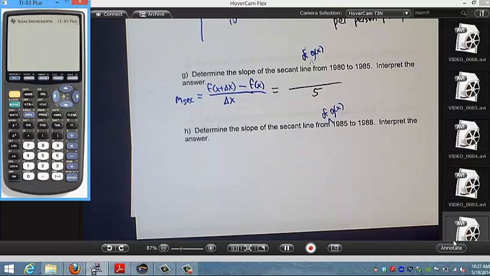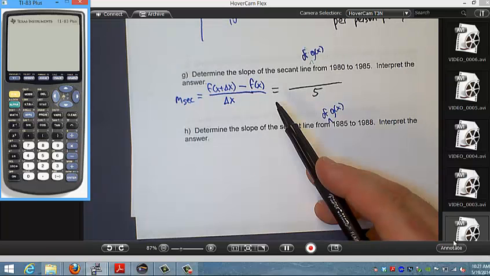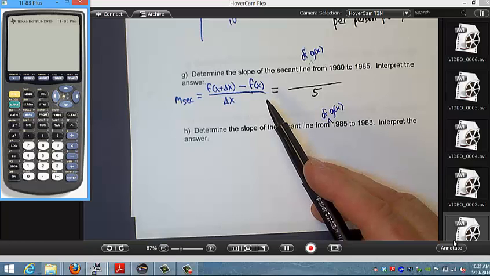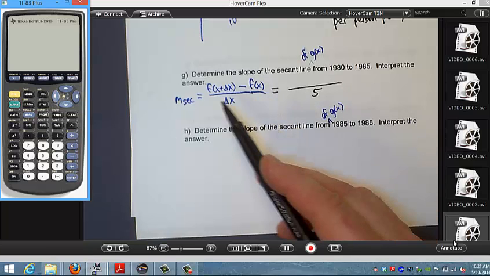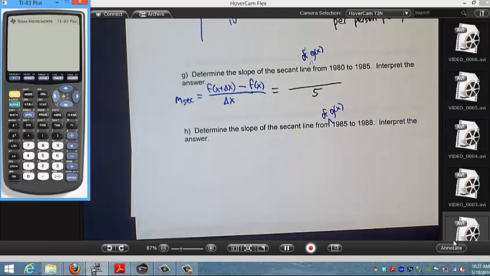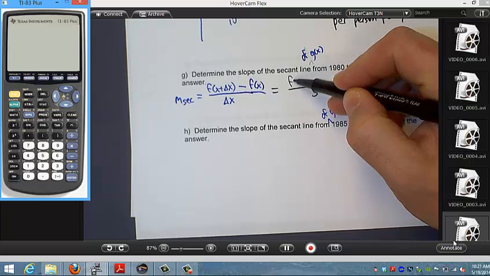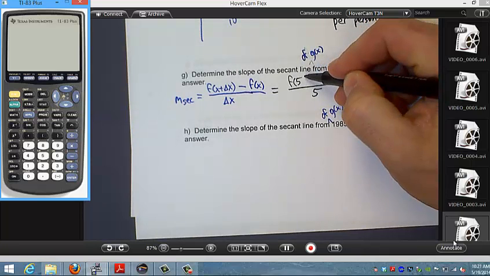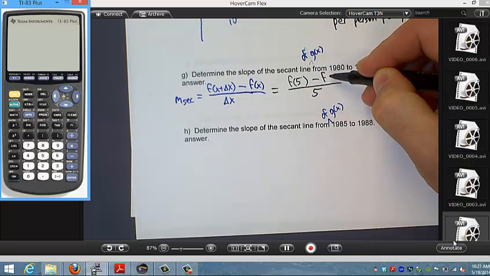Okay? Now the numerator, well, I guess you need to understand what we mean by f of x and f of x plus delta x. Because you know what to do. What you're doing is you're going to do f of 5 minus f of what?